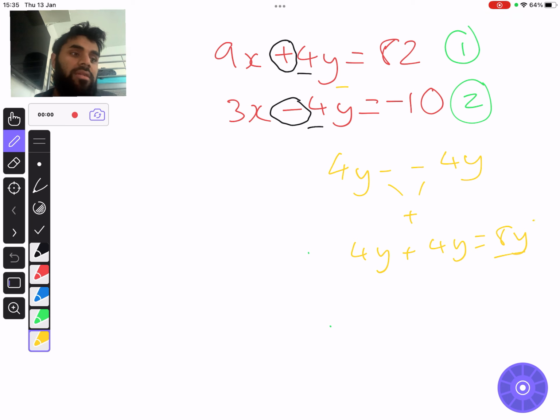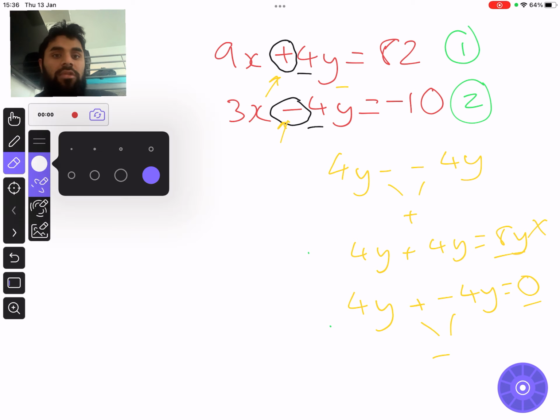And that is not eliminating those y's. So in this case, where you have different signs, a plus and a minus, we are actually able to add these two y's to eliminate them. So 4y plus negative 4y gives you 0.